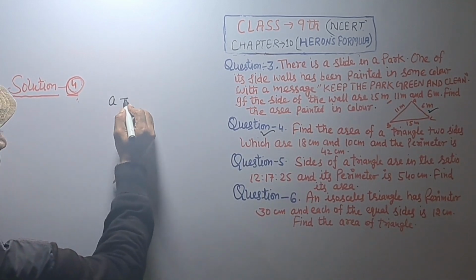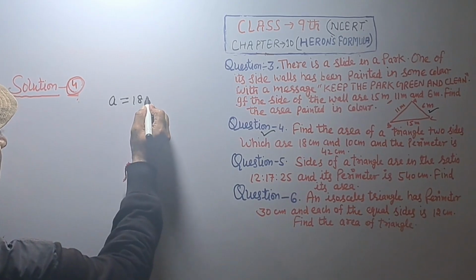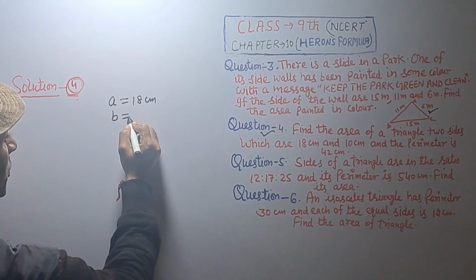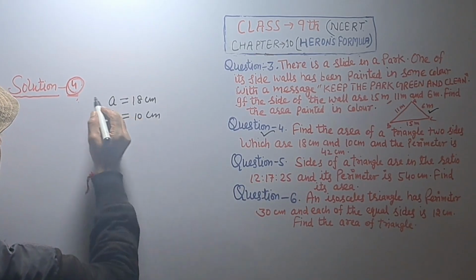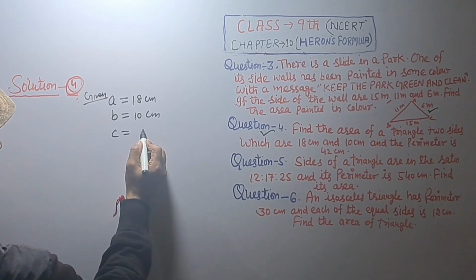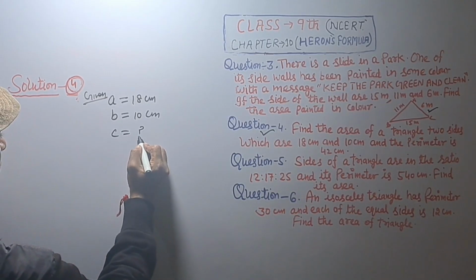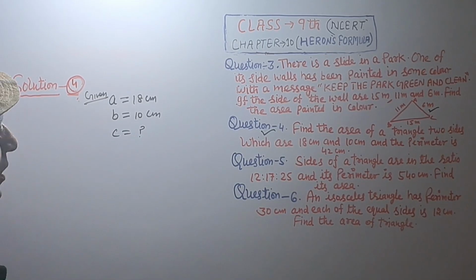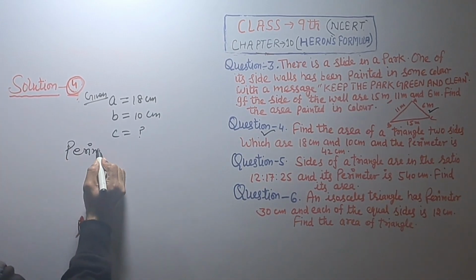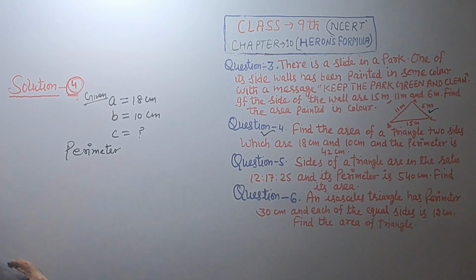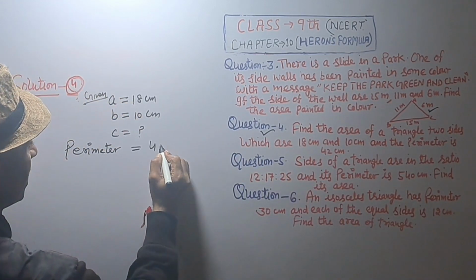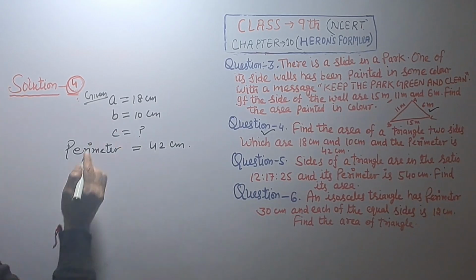A is equal to 18 centimeter, B is equal to 10 centimeter, it's given, and C is equal to question mark. Then perimeter is equal to 42 centimeter.